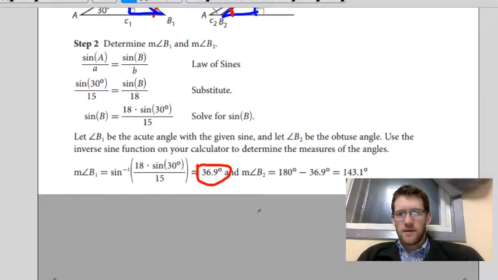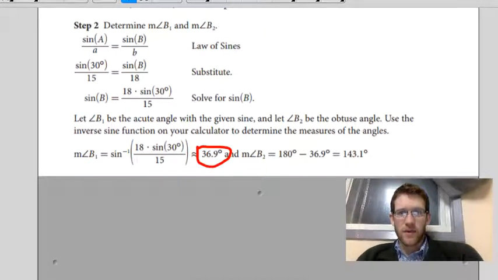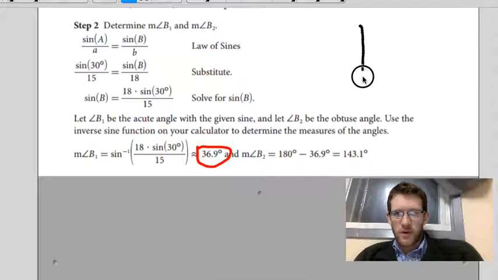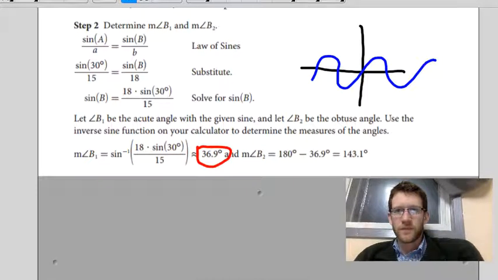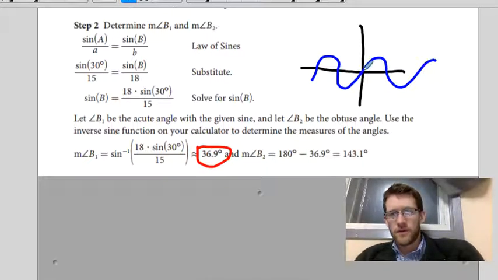This may not be super satisfying for you guys. Another way to think of it is, remember when you graphed sine on the coordinate plane? It looks something like this. It goes up and down and up and down. It's not the most beautiful one, but it gives you an idea. Essentially, you graph the sine, y equals the sine of x, so you plugged in different values for x and it spit out the y value.